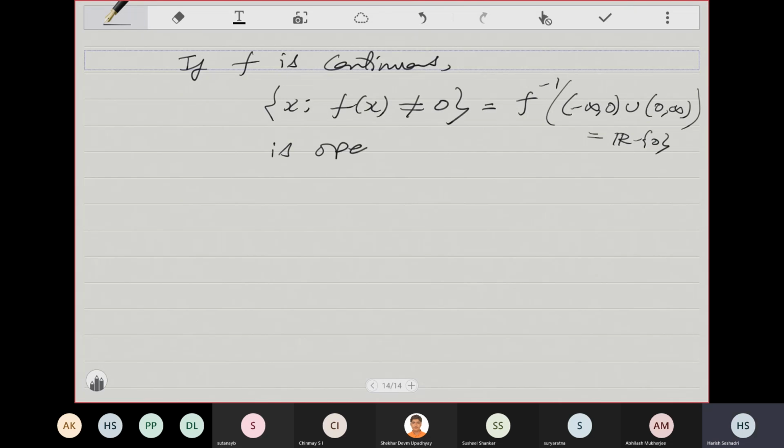But this is not the support. The support will be the closure of this.